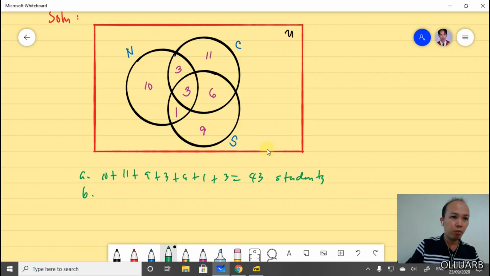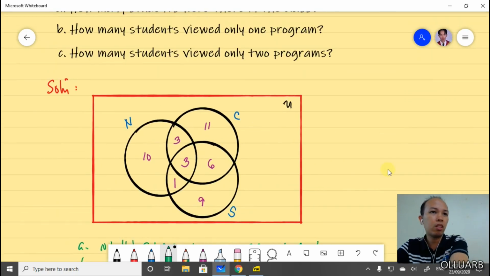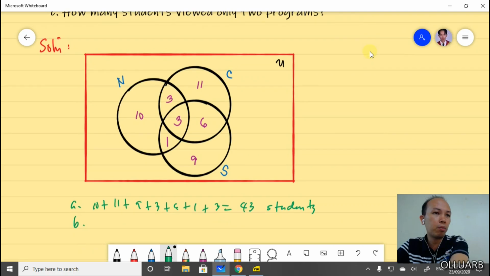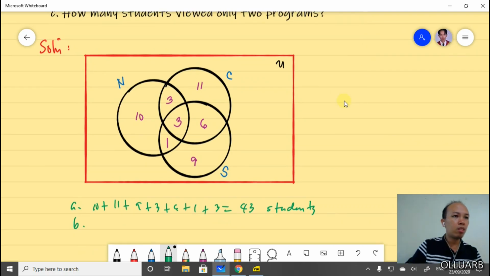For letter B, do not forget to write the word students. Okay, if you are asked about dogs, then write dogs. How many students viewed only one program? So notice here that these are the students here. Okay, let's try another color. Let's see. Okay, let's wait again for the program to respond.